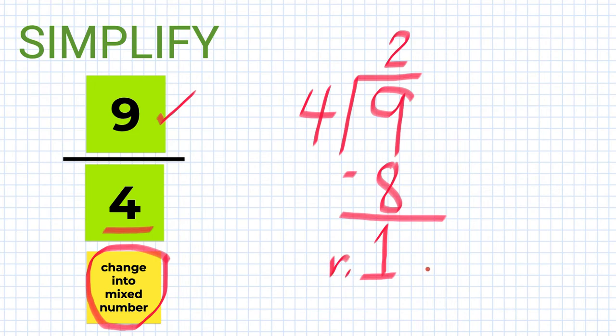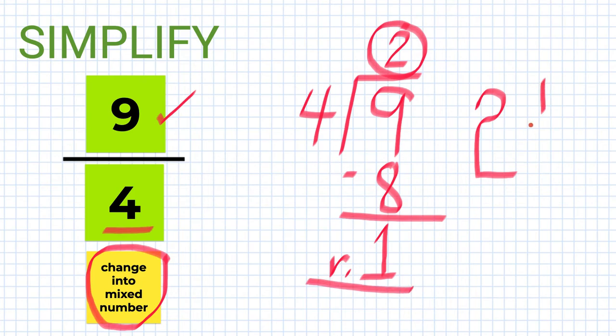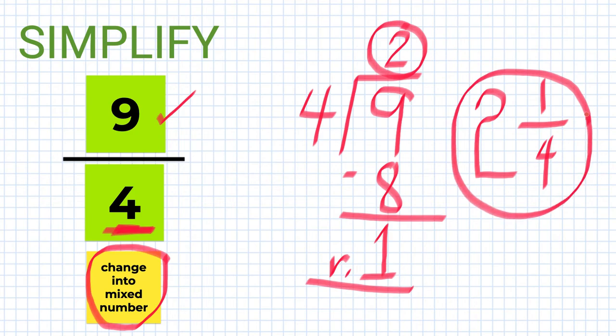In changing into a mixed number, the quotient, or the answer here, will be the whole number. The remainder will serve as the numerator, and simply copy the denominator. So take note, the simplified form of 9 over 4, or 9/4, is 2 and 1/4.